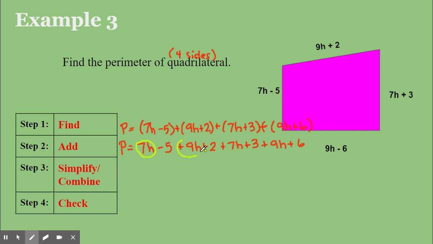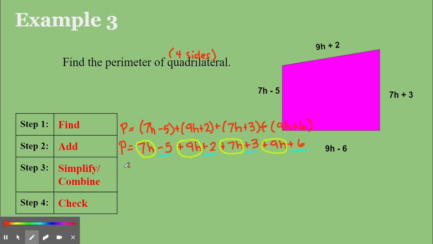We have positive 9h. Another positive 7h, and another positive 9h. So those will all get grouped together. We also have constants. We have negative 5, 2, 3, and 6. None of those have a variable or a letter, and so we just add those together.